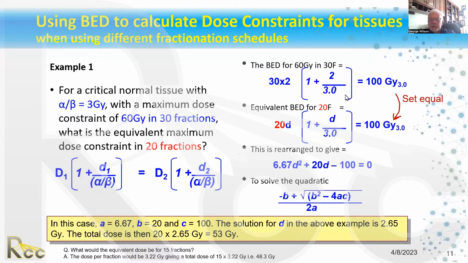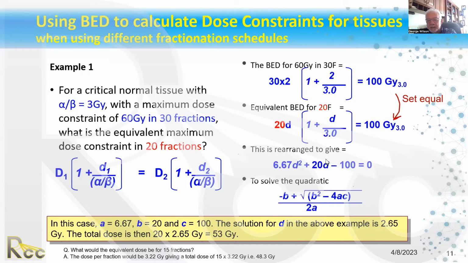So now what we wanted to do is calculate what that dose per fraction would be for 20 fractions to give us the same total BED. So this again would be the formula. Now again, this is where you have to sort of believe me, this formula can actually be rearranged to set everything equal to 0, and this would then give this formula.